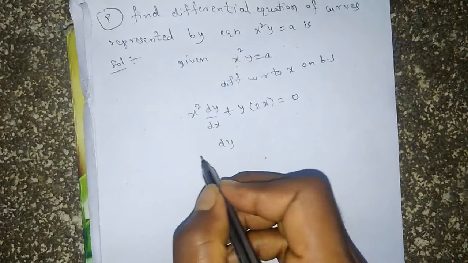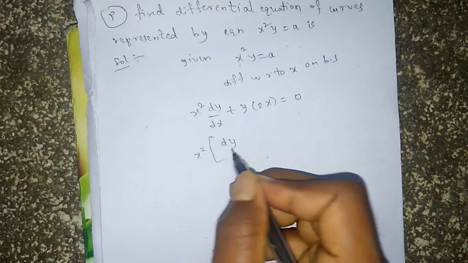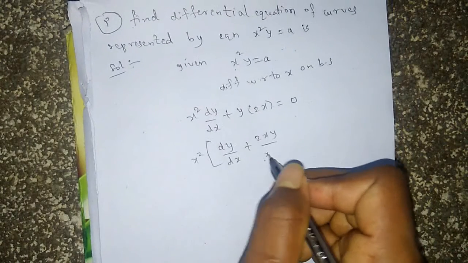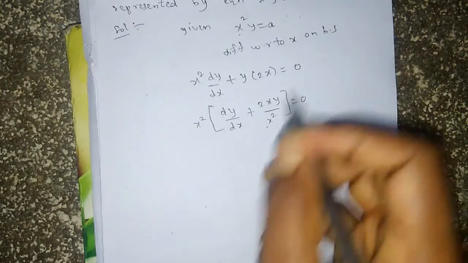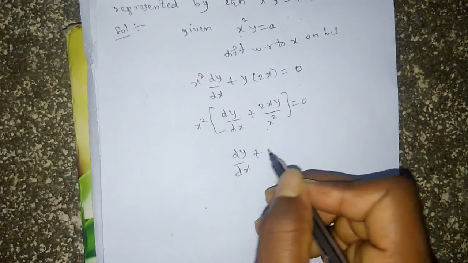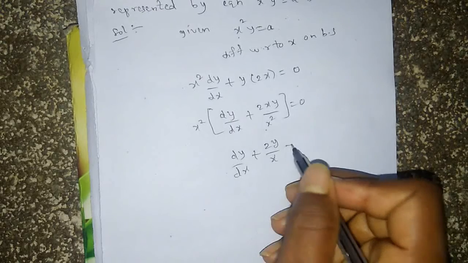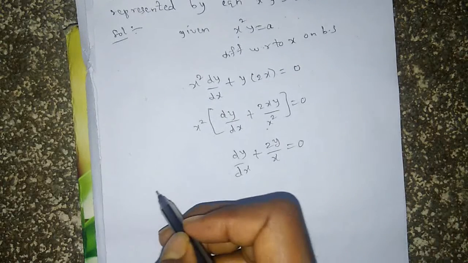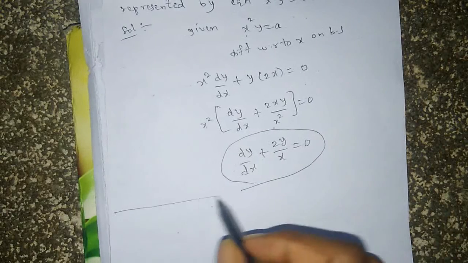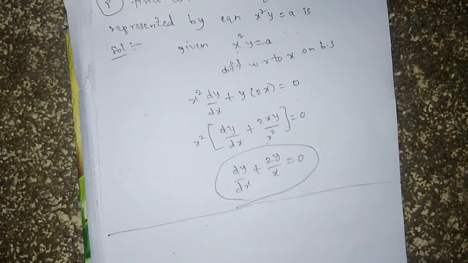Now take x square common: dy by dx plus 2xy by x square is equal to 0. That is dy by dx plus 2y by x is equal to 0, which is the differential equation of the given curves.